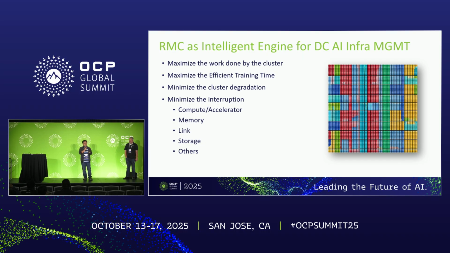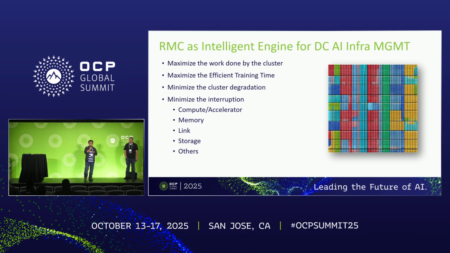For the AI infrastructure, we have to minimize cluster integration, and we must also minimize interruption, because as we know, all AI workloads are less tolerant to all kinds of interruption, very sensitive. In this case, there's a lot of cost impact.